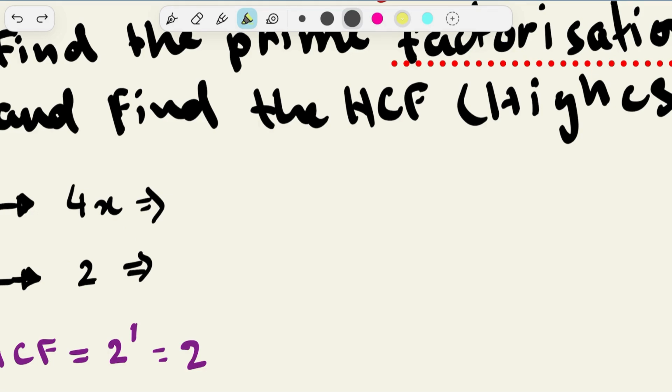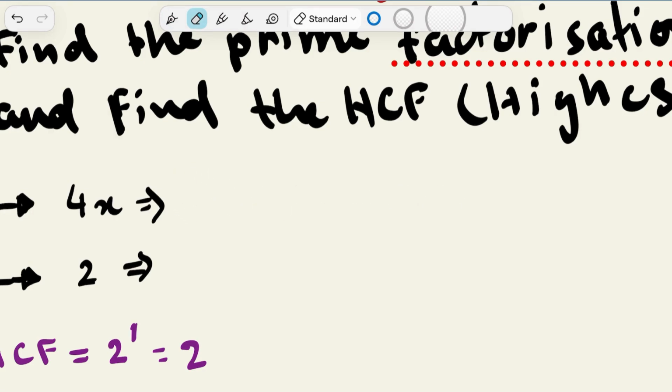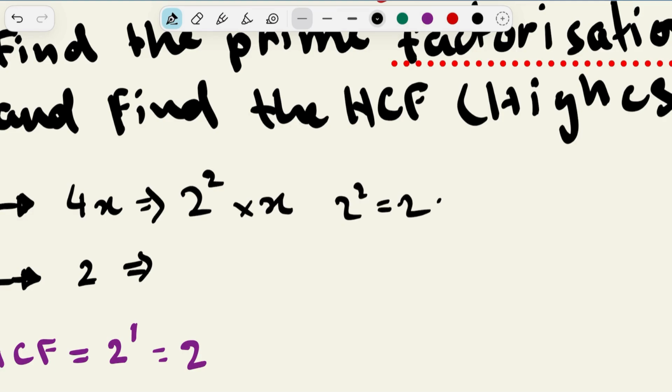So let's start off with 4x. This is basically equal to 4 times x, and we can break down 4 further because that's not a prime number. So we can break it down into 2 times 2 times x. So now we can write this all out as 2 squared times x, because 2 squared is basically 2 times 2. Now we're going to move on to 2 and the prime factorization of 2.